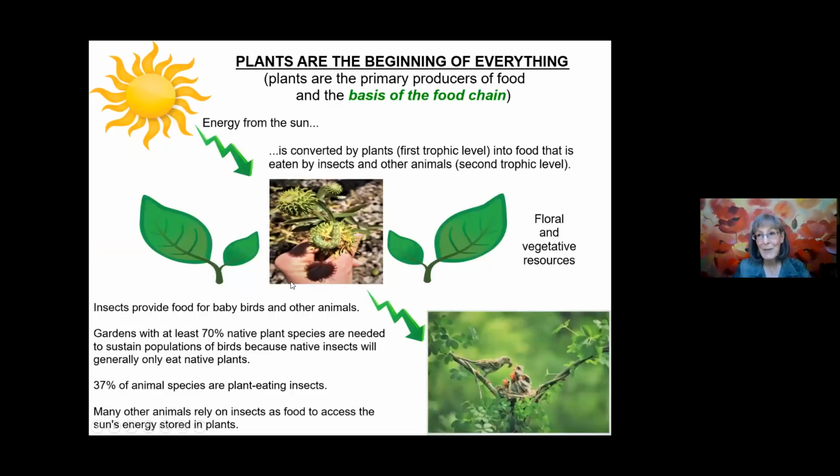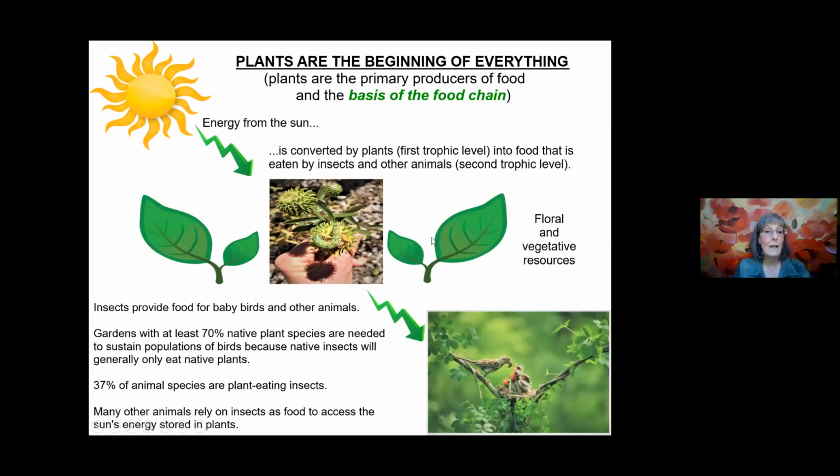Because plants are the beginning of everything, literally, here on planet Earth. Plants are the primary producers of food. So this is how we get energy from the sun, which comes down in photons. Plants convert those photons into vegetative matter, that are then eaten by insects, the herbivores at this level, and then those tasty packets of protein get transformed into baby birds.